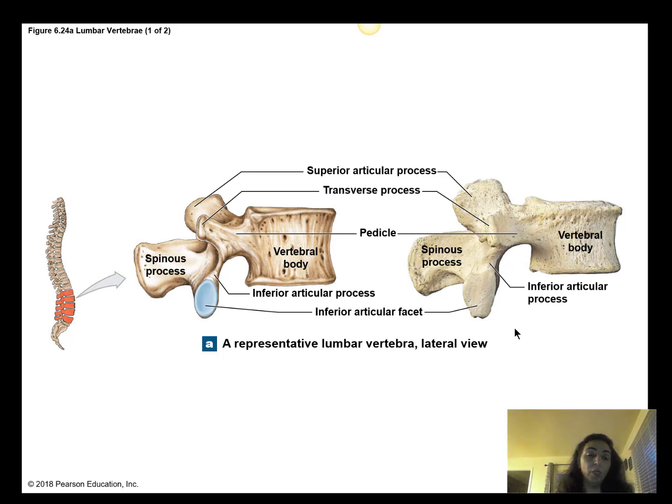Now for the lumbar vertebra, that we have 5 of them. And if you look at that from the side, you see that obviously one thing is different from the thoracic vertebra, that the spinous process is shorter, is almost like a square, and is just straight backward, not downward, right?